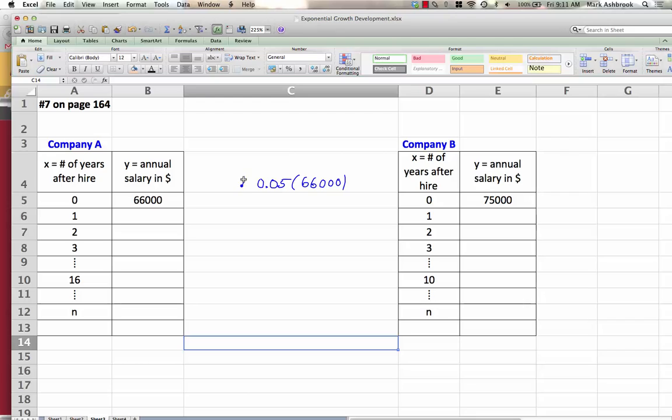So to get the salary the next year, we want to add 66,000. Which is equivalent to if I factor out the 66,000, and I'd have 1 plus 0.05.